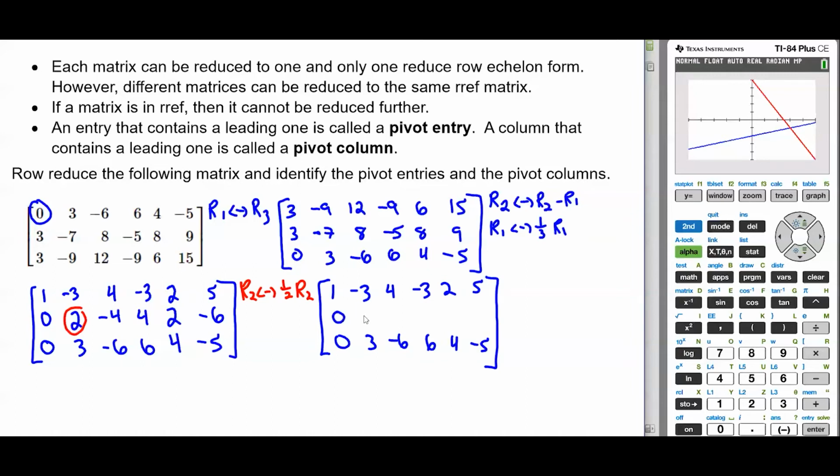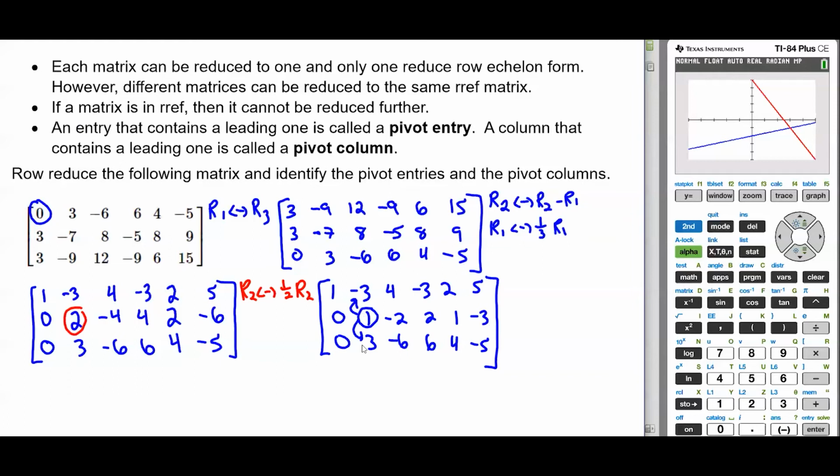I'm going to divide this by 2. And now I've got a 1. So I'm going to use this 1 to eliminate the other entries in that column.